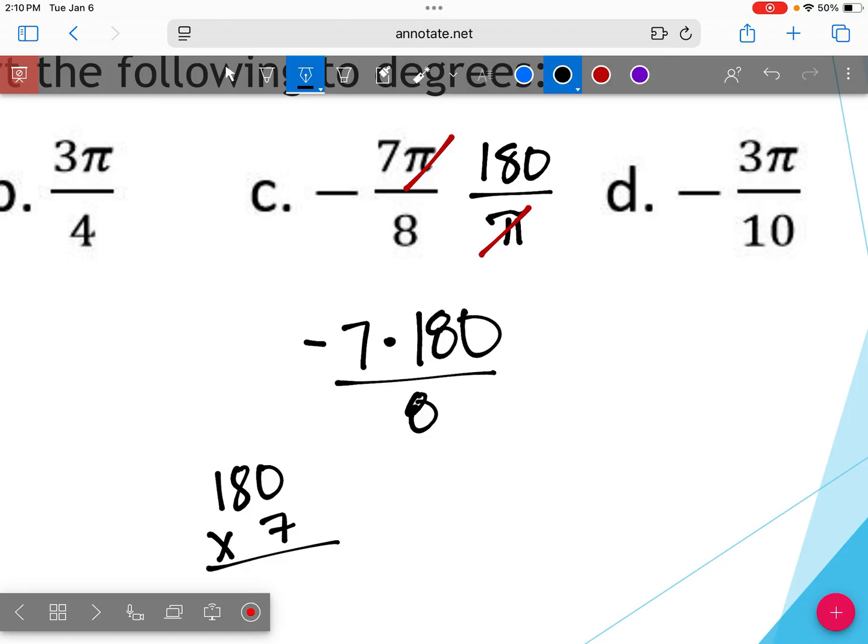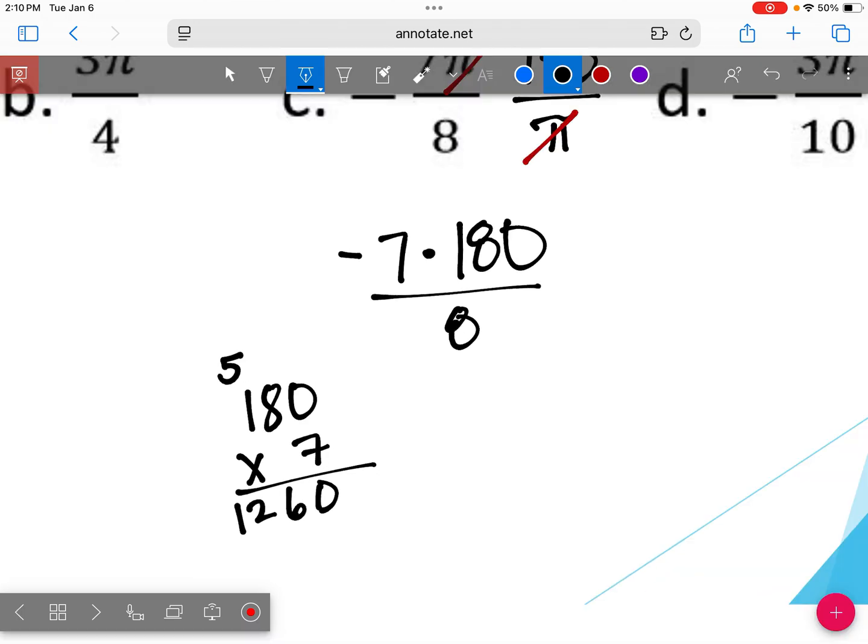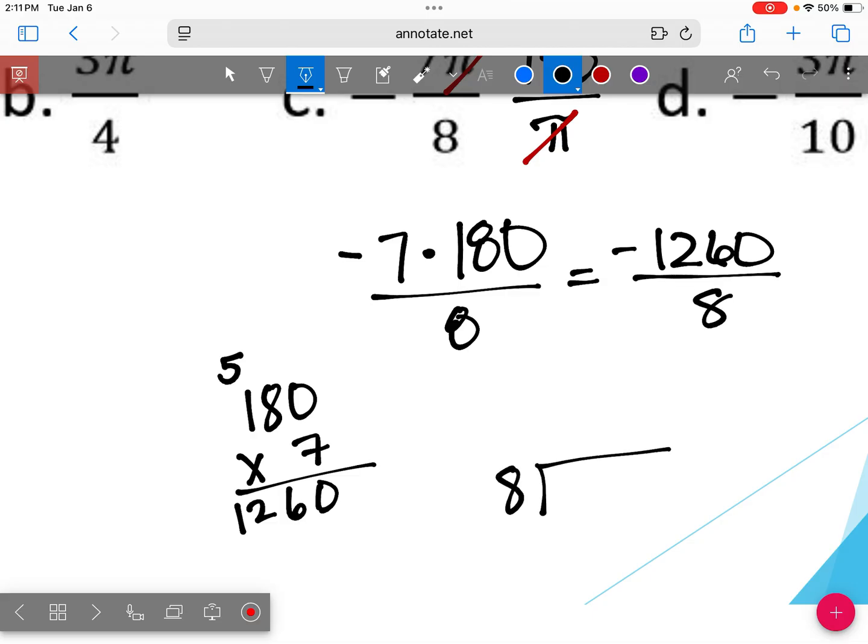So 0 times 7 is 0. 8 times 7 is 56. 1 times 7 is 7, and 7 plus 5 is 12. So now what we have is negative 1260 over 8. So let's finish it out. Let's go ahead and divide 8 into 1260. This one might be a little tricky though, but it's really not that bad.